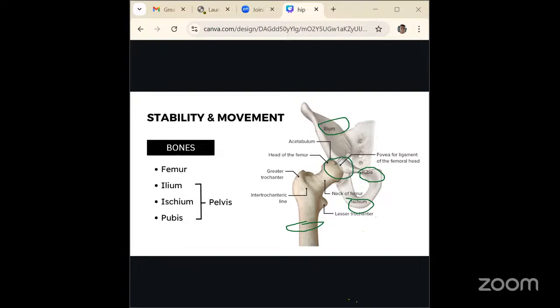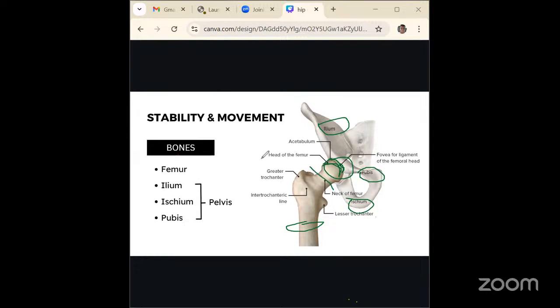If you notice, I told you that the hemispherical head of the femur connects with the cup-like depression here. This cup-like depression is the acetabulum of the pelvis, and then the head of the femur. And this is of course the neck of the femur, where fractures sometimes occur if there is a massive trauma to that place.